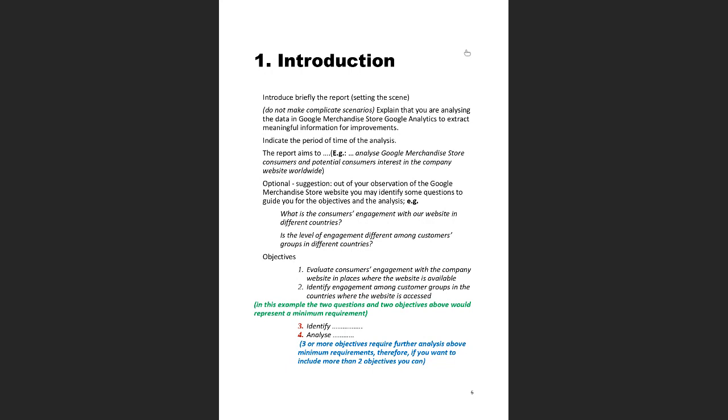So out of these, you can set some objectives, what would be relevant and useful for the company to know about their website, so that they can improve the website. Some of your colleagues asked me, why can't we use only one set of data? This is exactly the reason.